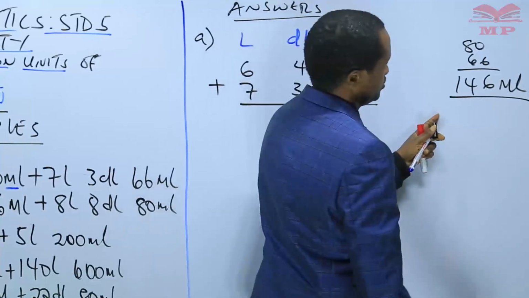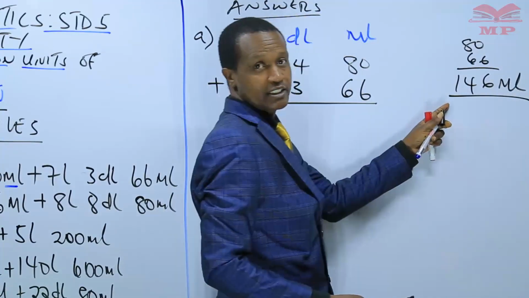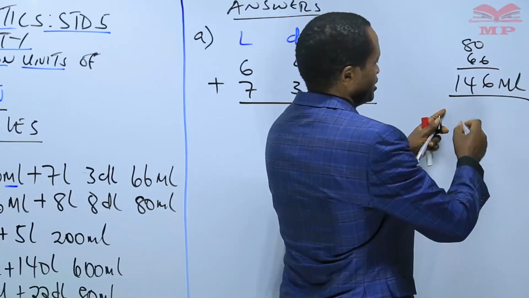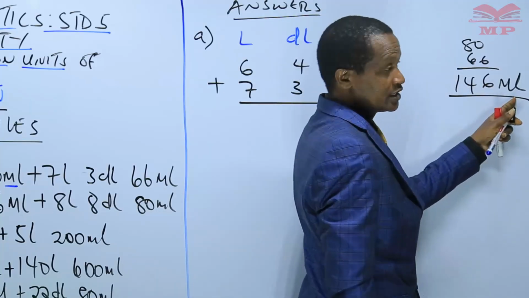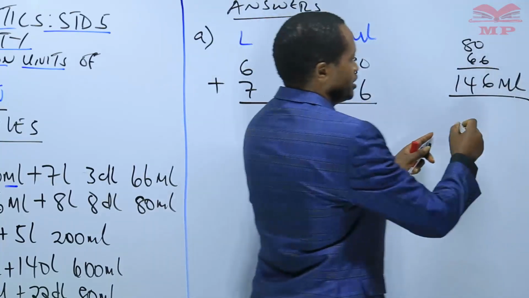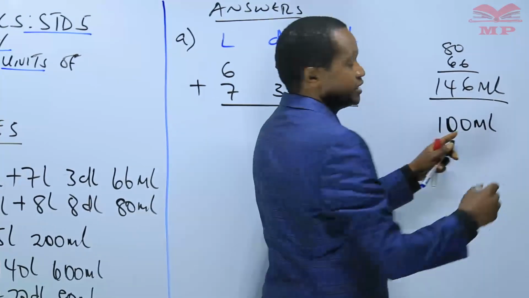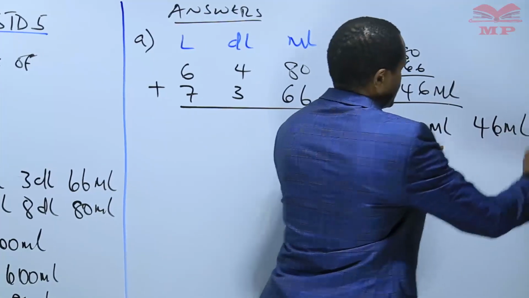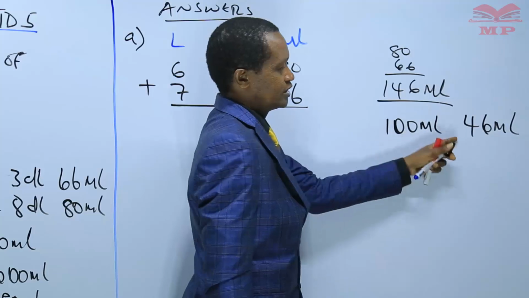And learners, we know that 146 milliliters can be written as 100 milliliters and 46 milliliters.